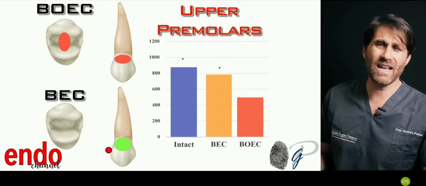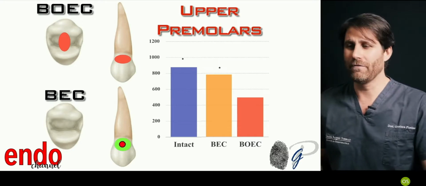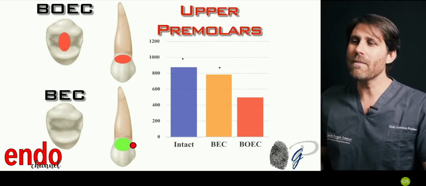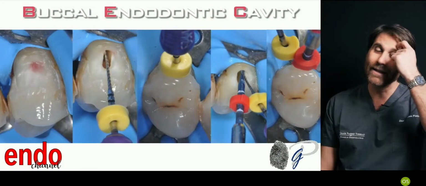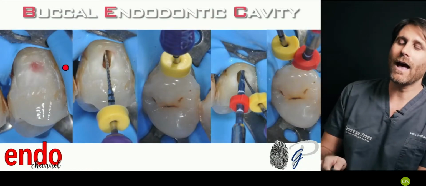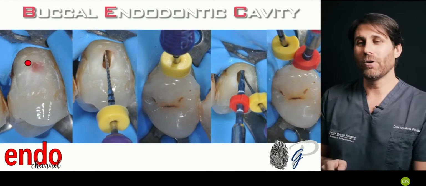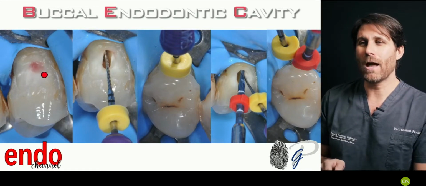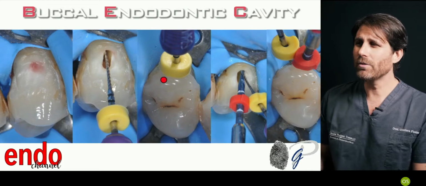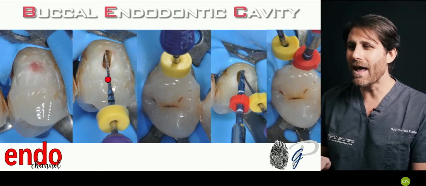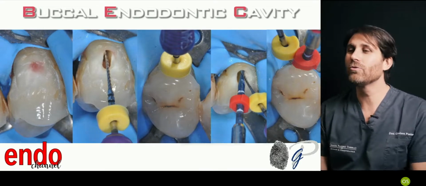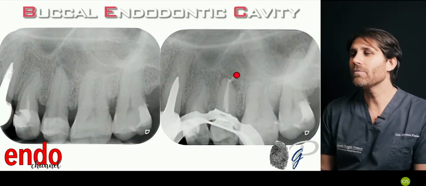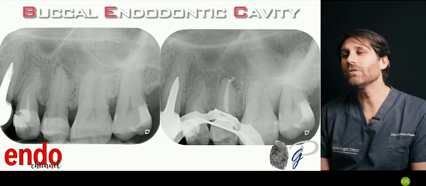Now, in some selected cases, not all, I'm able to perform the access cavity directly from the buccal surface. Like in this case, a caries in the buccal aspect of the tooth penetrating the pulp chamber. Given the instruments, beveling the enamel, and the properties of the file that I have today, I was able to treat this anatomy, two confluent canals, without compromises.